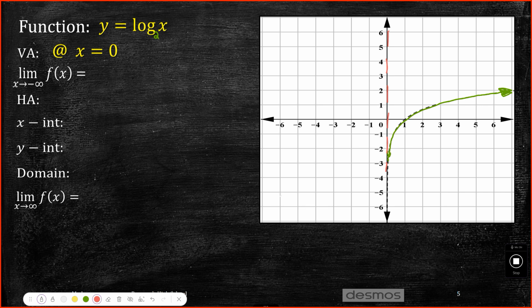It does not exist. It doesn't even get a chance to go to negative infinity. It just stops here, and it's just weird. The limit as x approaches negative infinity does not exist.